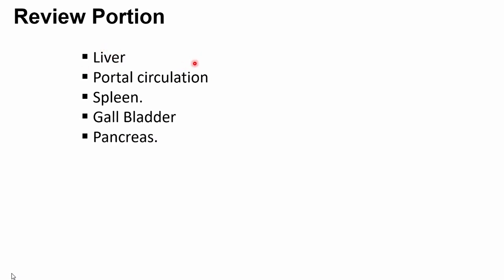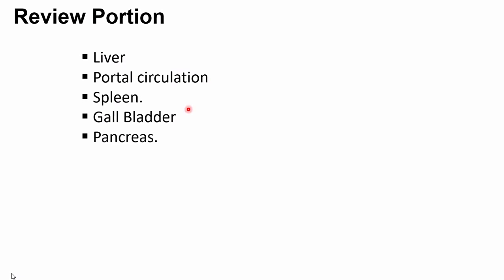So dapat alam natin na caudate lobe, falciform, what divides the lobes. At least these are just example. Portal circulation, dapat alam natin. In portal circulation ba, meron bang cardiomegaly?